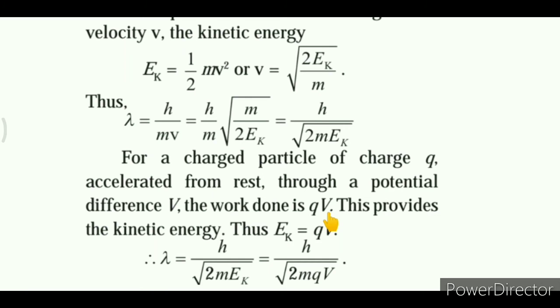Hence we can say that the kinetic energy of the moving charged particle is given as q into V. Then by using the de Broglie relation, what would be the wavelength of the moving charged particle of charge q? Here, as we had seen previously, the wavelength lambda is h upon square root of 2 into m into kinetic energy.